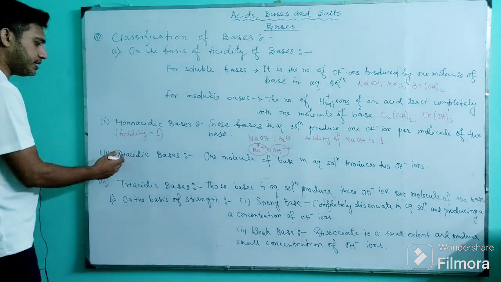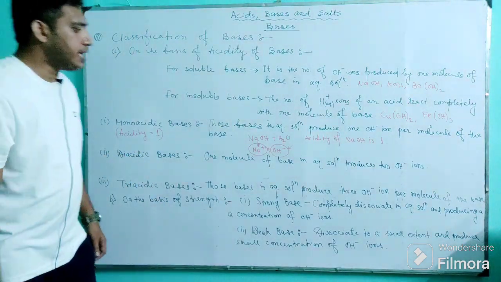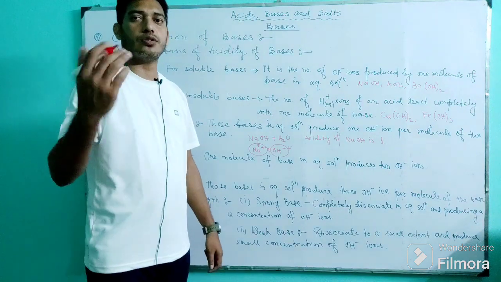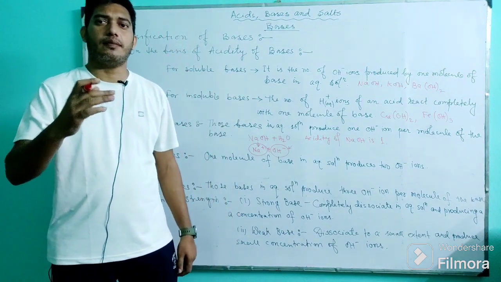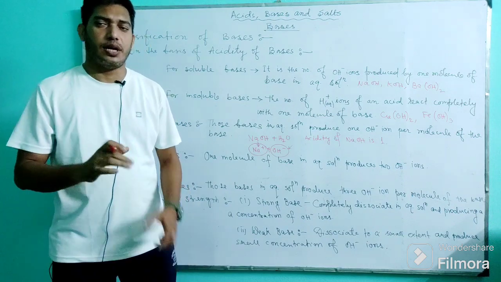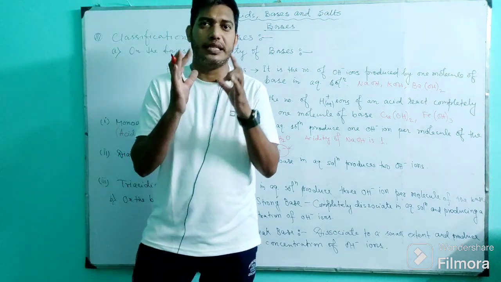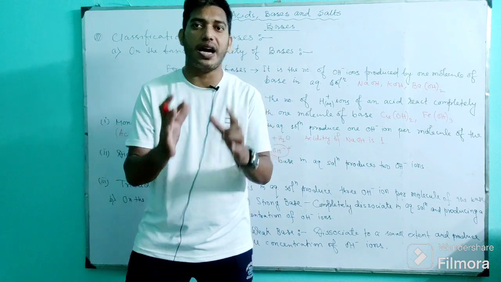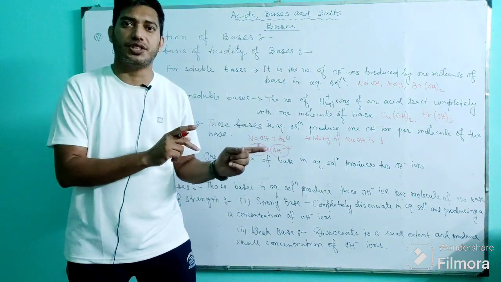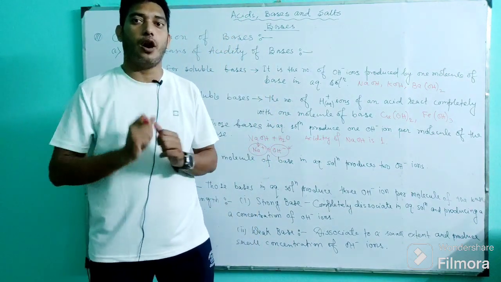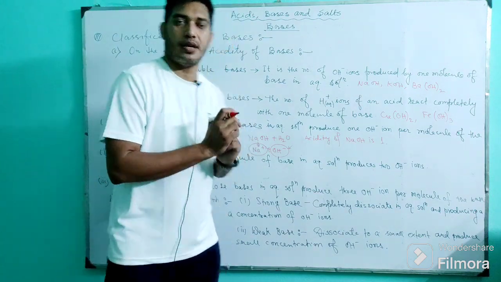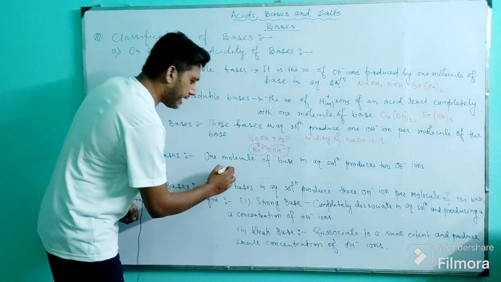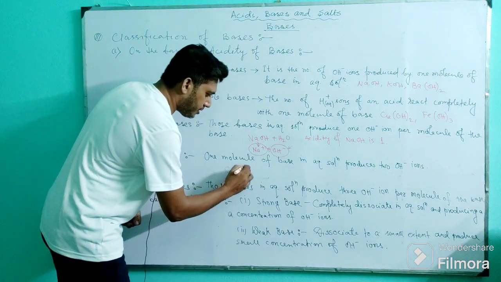Now diacidic bases are those bases which in aqueous solution form two OH minus ions per molecule of base, just like calcium hydroxide.